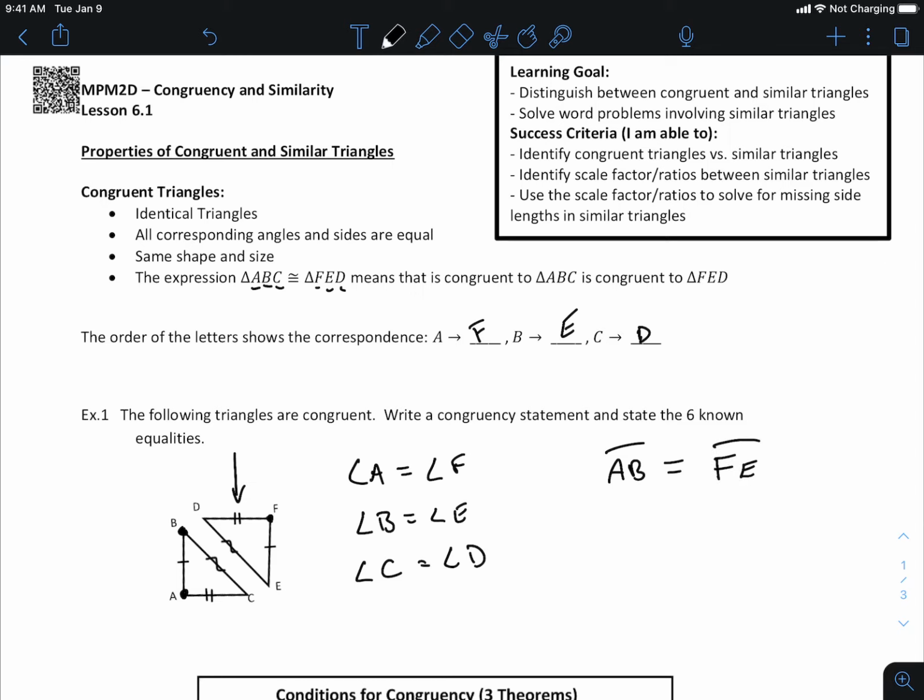That's this one over here. And then BC is equal to ED. CA is equal to EF. Can we see what we're doing? We're just comparing side lengths, but that's how you would write a side length.